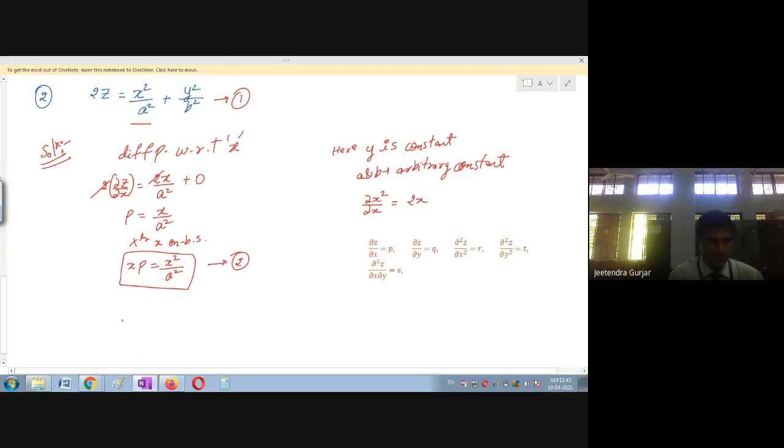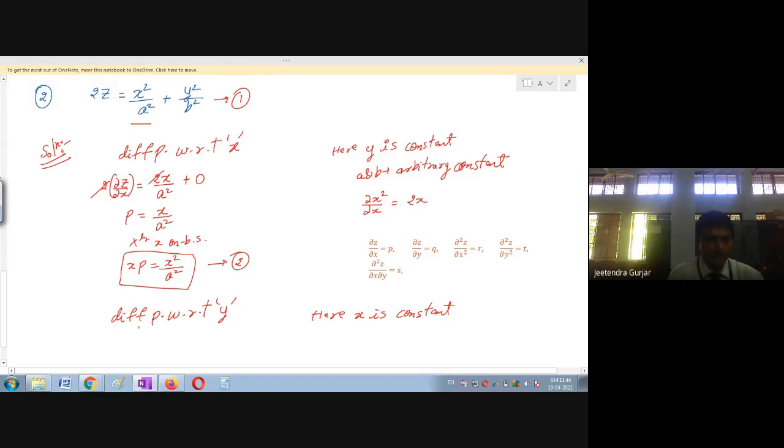To eliminate the next, I have to differentiate this partially with respect to y. Immediately you should remember, students, here x is constant. We are going to hold this constant, and a and b are already arbitrary constants.